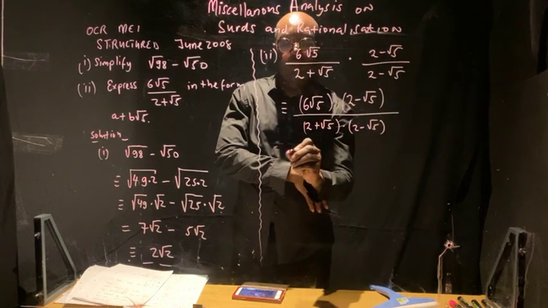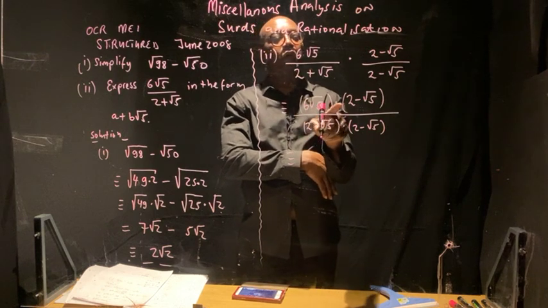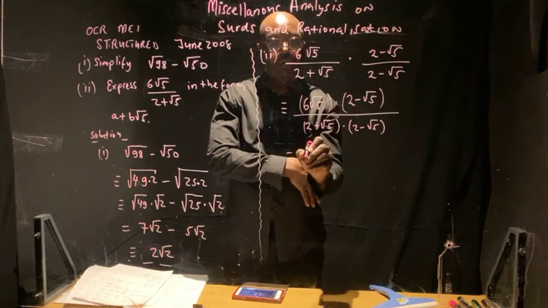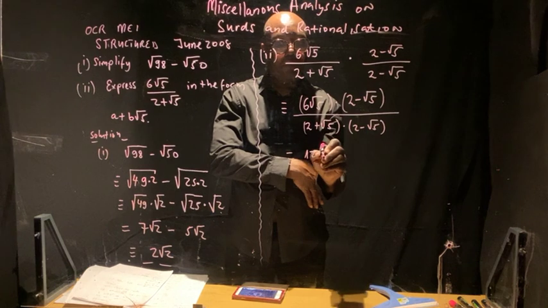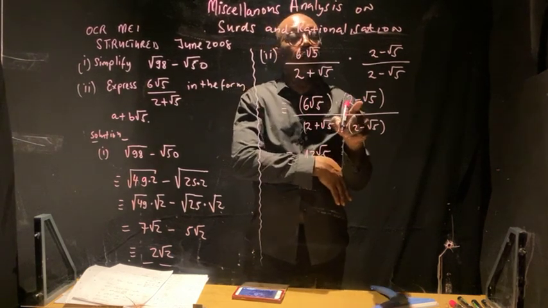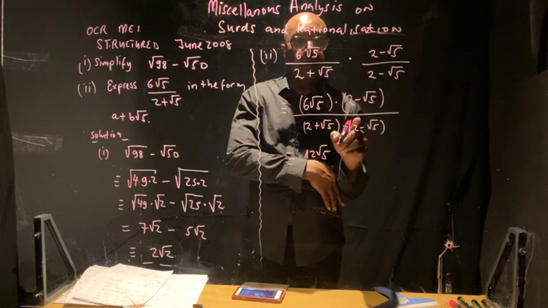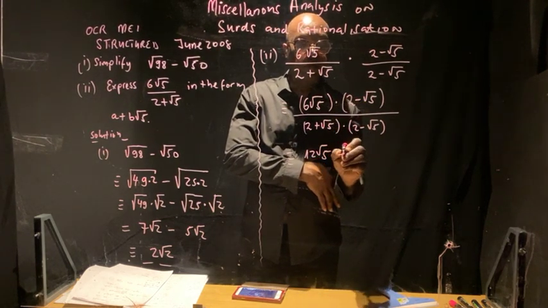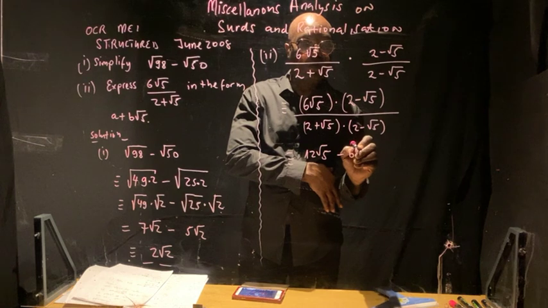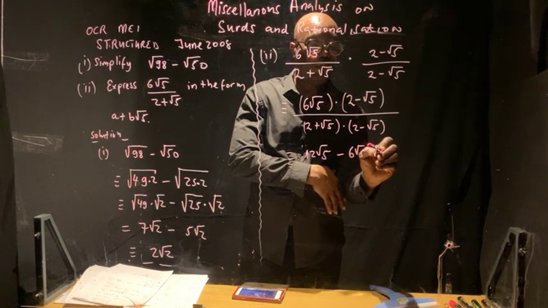Then you have 6 root 5 times 2, which gives 12 root 5. 6 root 5 times minus root 5 gives minus 6 root 5 times root 5.